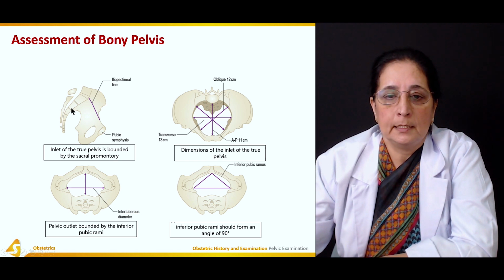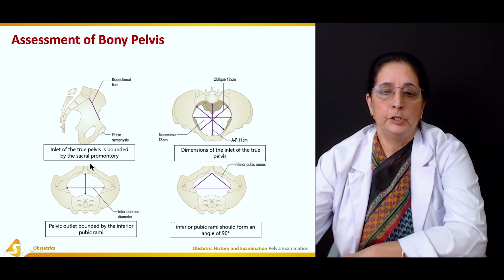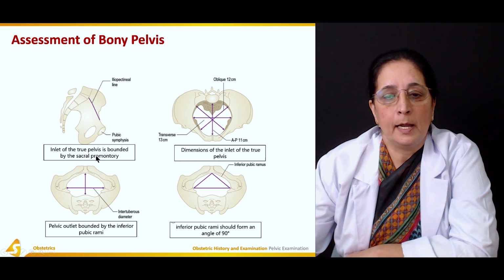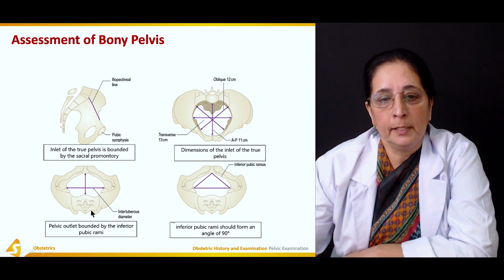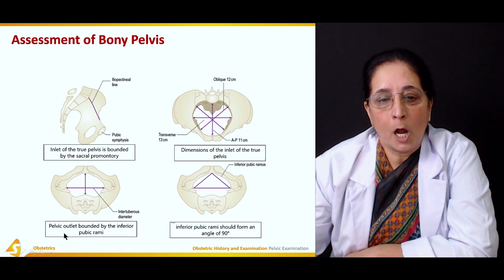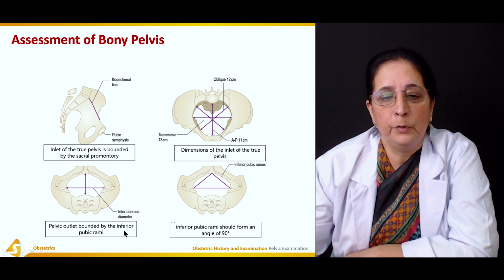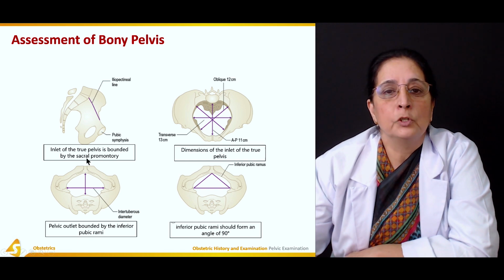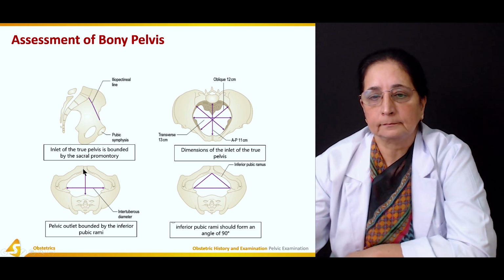So the inlet of the true pelvis is bounded by the sacral promontory. Then the pelvic outlet is bounded by the pubic rami, the 2 pubic bones joined together in the middle at the pubic symphysis.